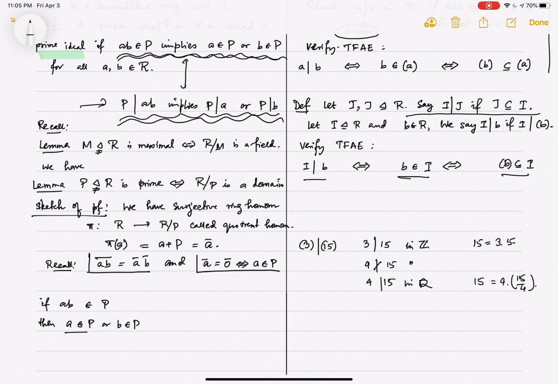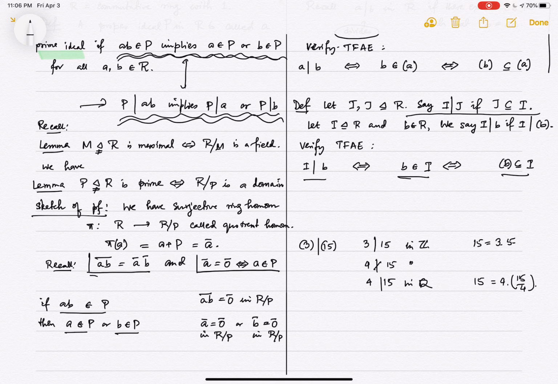Saying that A is in P is same as saying A bar is 0 in R mod P. And saying that B is in P is same as saying B bar is 0 in R mod P. And saying that AB is in P is same as saying that AB bar is 0 in R mod P.